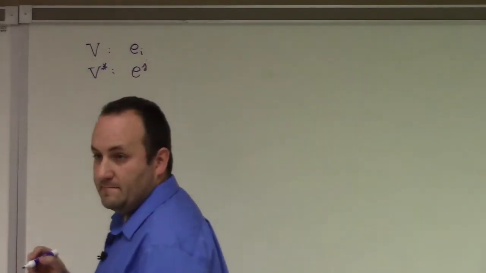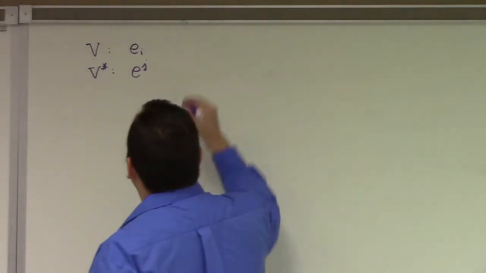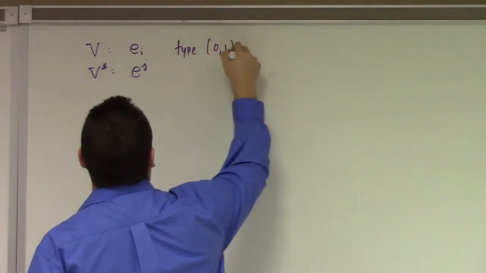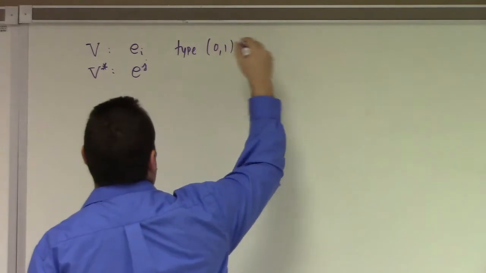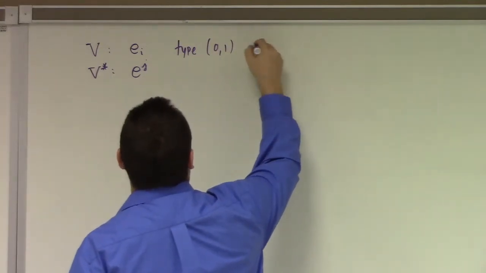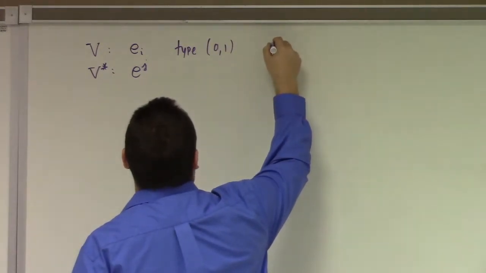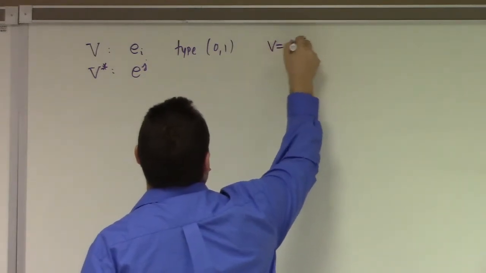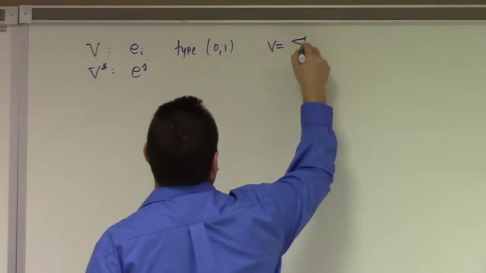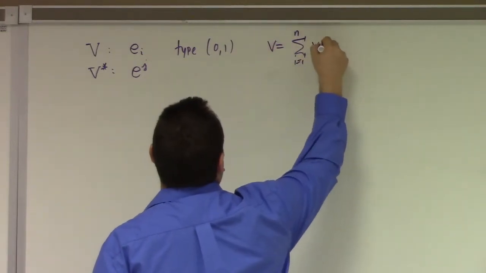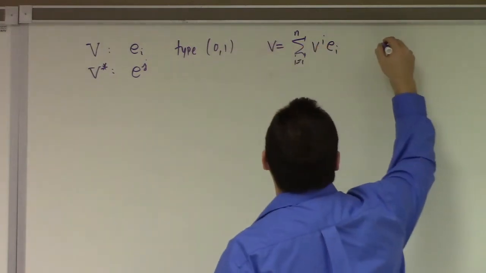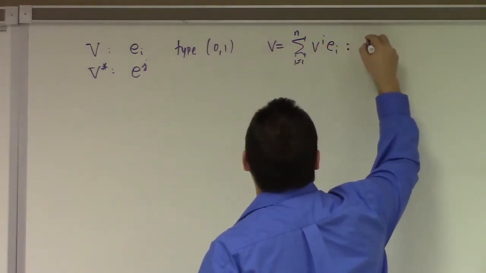E upper J, right? Now, this is type 0-1. Notice that if I have a typical thing, something like alpha, but rather V, is equal to a sum over I from 1 to N of V upper I, E lower I, then this would be naturally associated with what?